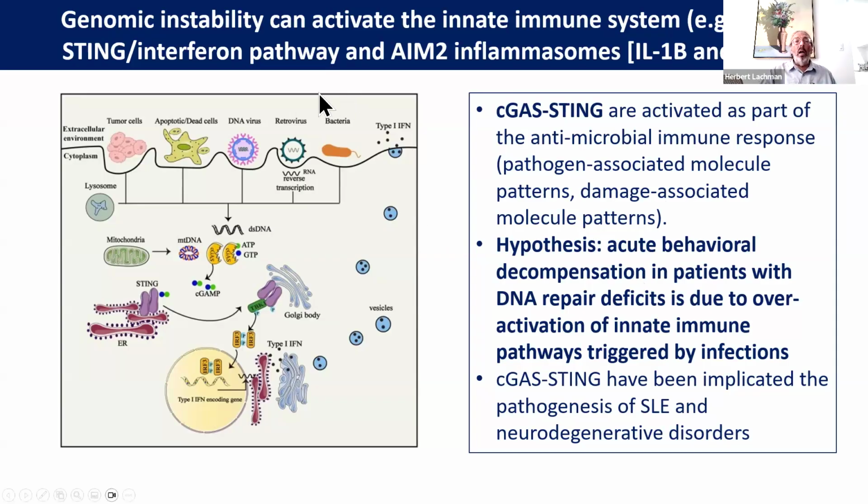Then in addition to type 1 interferons, activation by these pathogens can also lead to activation of AIM2 inflammasomes, which lead to the activation of these pro-inflammatory cytokines, interleukin-1 beta and interleukin-18. So there's an overall pro-inflammatory activation response that is exacerbated by these DNA repair problems.